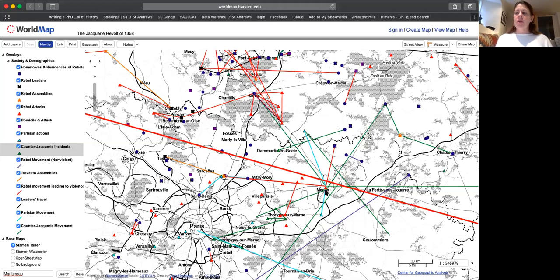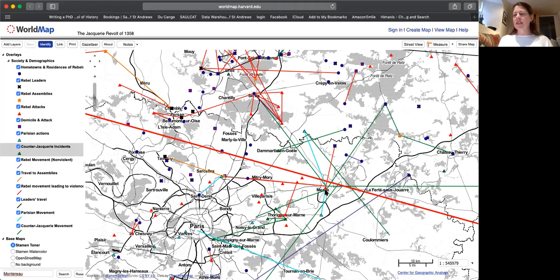But most of the Jacquerie was not directly focused on Parisian objectives. Primarily, it was directed against the nobility, and it mostly involved pillaging or destroying nobles' houses and castles. The Jacques didn't kill that many nobles, but they did destroy over 100 of their fortresses.